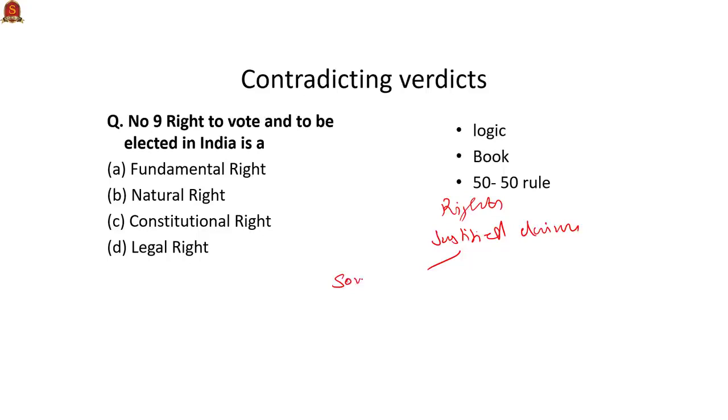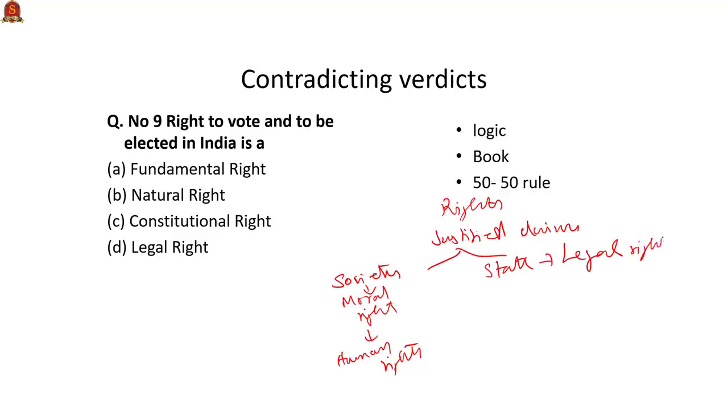When a claim is accepted by society, if society accepts that it is a basic claim of the individual, then it is called a moral right, for example, human rights. Then if a claim is accepted by the state, it is called a legal right. See here, I am using the word Legal with capital L, just to differentiate it from human rights.